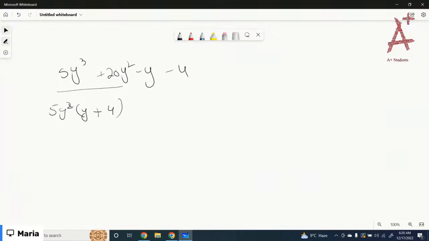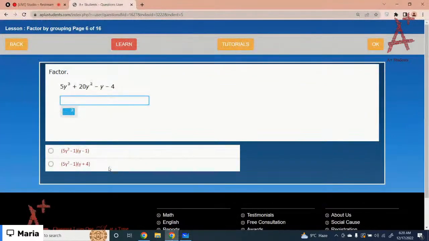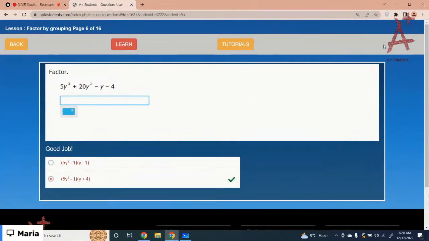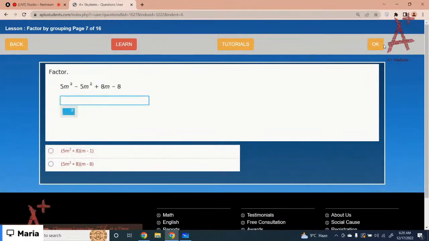Got it? Y plus 4. So here you have negative 1 common and you are left with y plus 4. So y plus 4 is a common factor, right? And you are left with 5y square minus 1. Got it? So it is option number 2. Option number 2 is the correct one. Got it? So select the correct option, then click on the OK button.